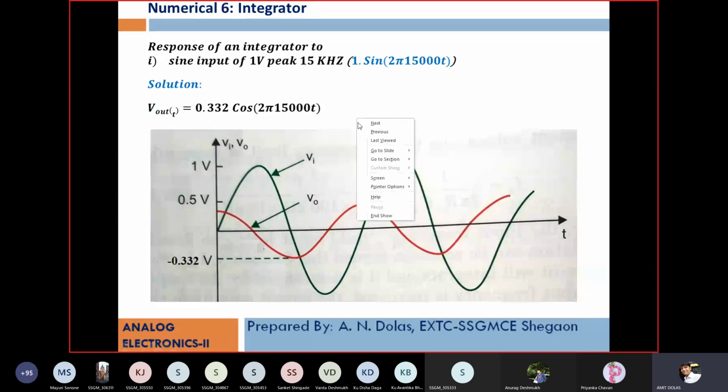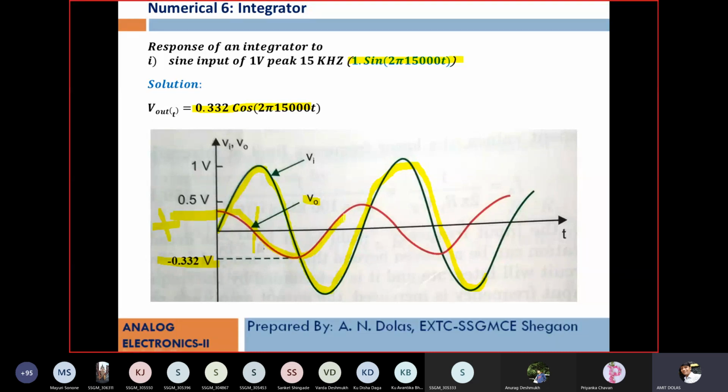You can see these two waveforms plotted here. One is the sine for a particular frequency, and the other is 0.332 cos. This is the input, 1 volt peak and minus 1 volt, so it will be 2 volts peak to peak. This is the sinusoidal input. And the other is the cos waveform, which has 0.332 volt at this point as well as at this one. Here it is plus, bottom will be minus, and the output is exactly crossing the 0 line at 90-degree phase shift. So this is the cos waveform.